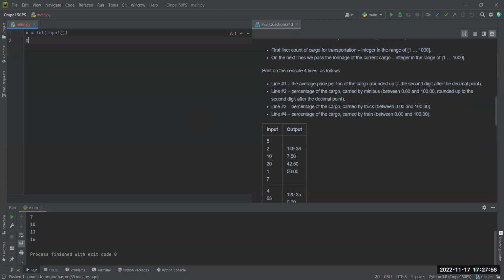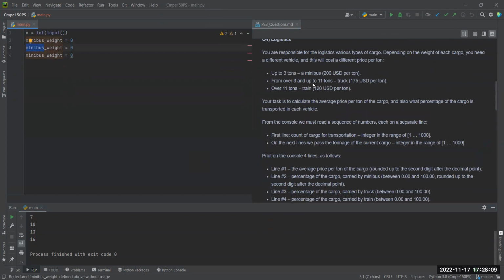And then I am writing a minibus weight variable, and then I'm copying it 3 times because we will have 3 cargo types, which will be respectively minibus, truck, and train, and the total weight also.